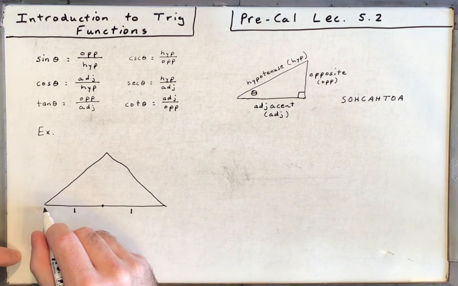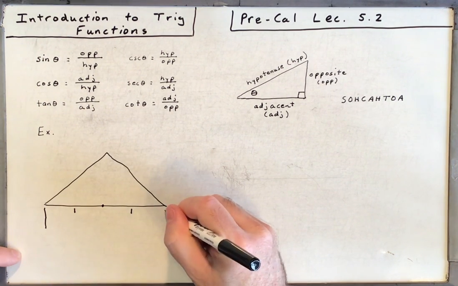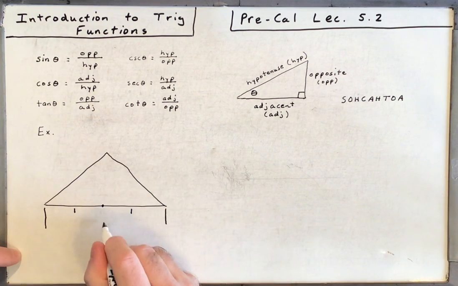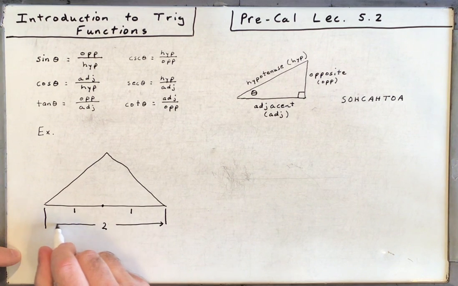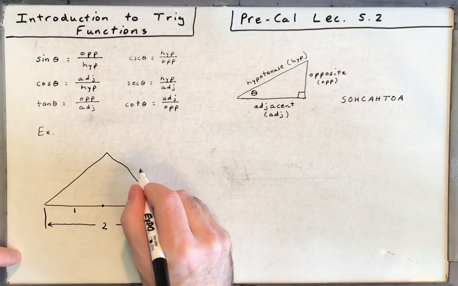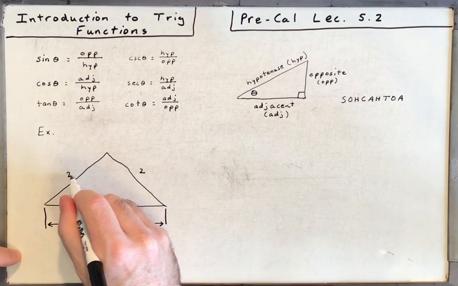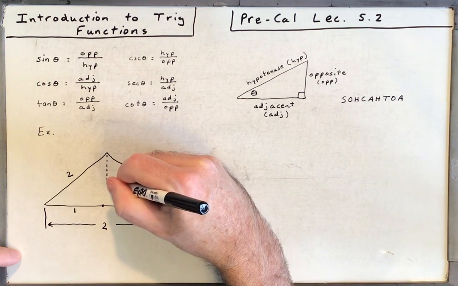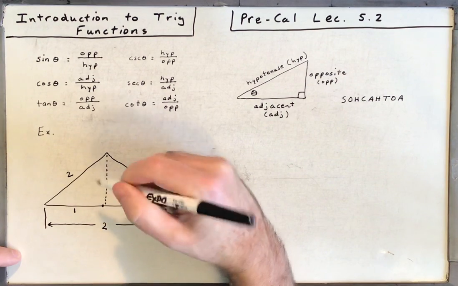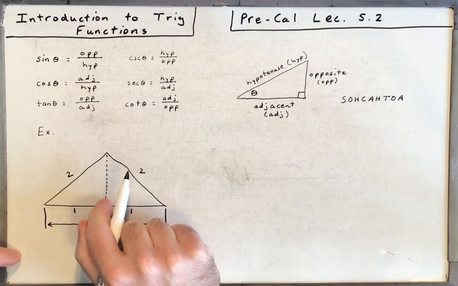That would make the total length of each side 2. So again, this is an equilateral triangle. That side is 2, that side is 2. And I'm going to split this down the middle with a height.